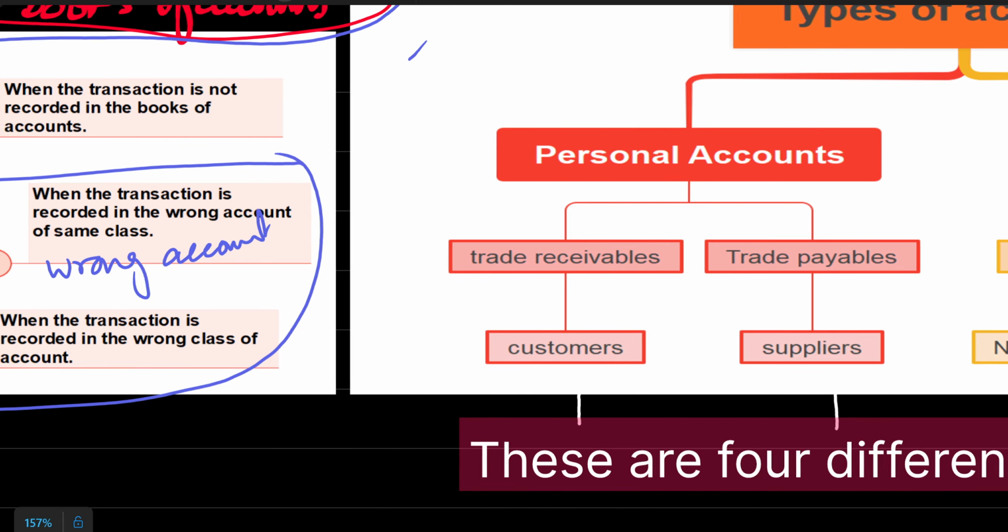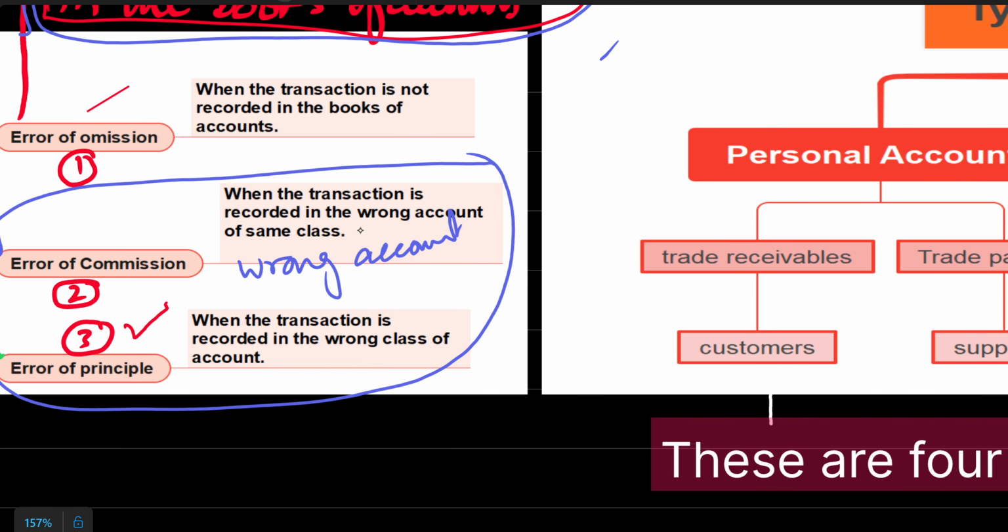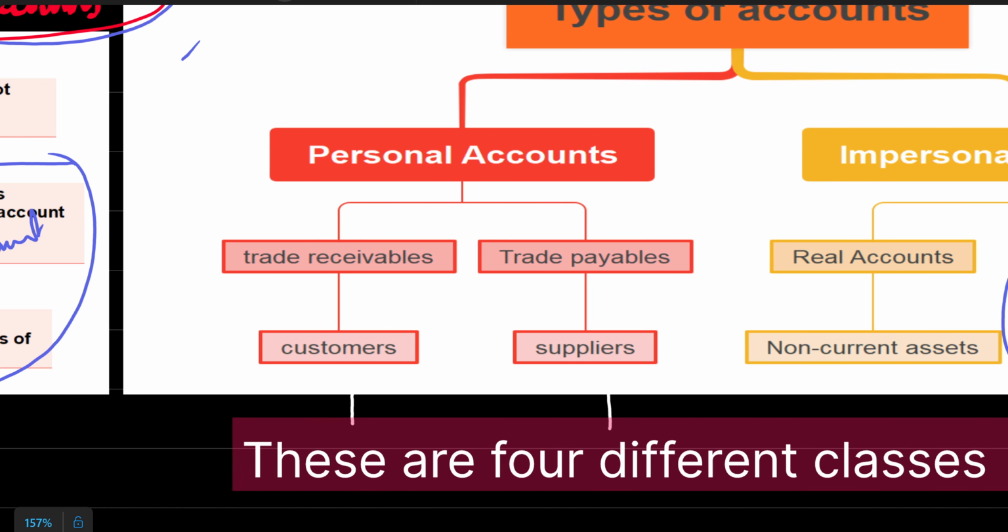So if a transaction is recorded in the wrong account of the same class, this is error of commission. Similarly, if we received an amount from customer A and recorded it in customer B, this is a wrong account. But because both are customers, both belong to the same class, that's why this is error of commission.